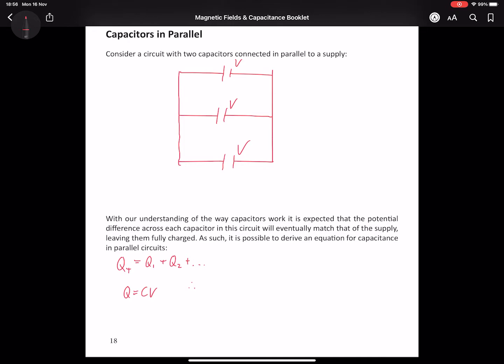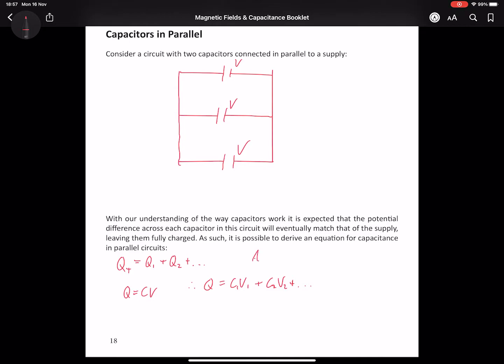As we know, Q equals CV, rearranging our basic capacitance equation. As such, it's possible to say that this total charge is going to equal the sum of C times V for each of the capacitors. So C1V1, C2V2, etc. added up.